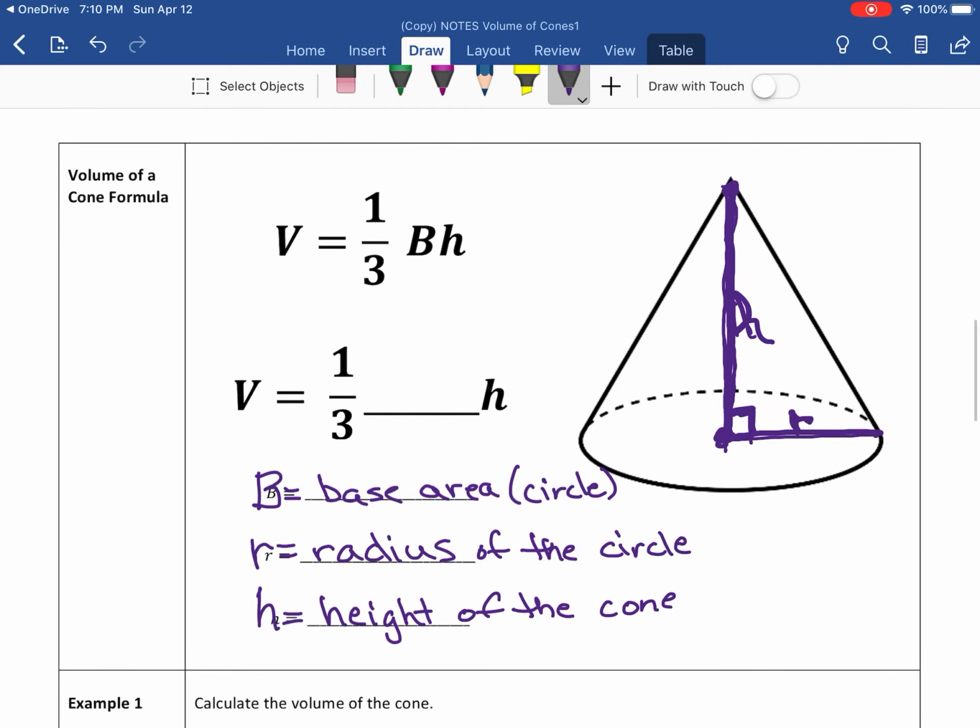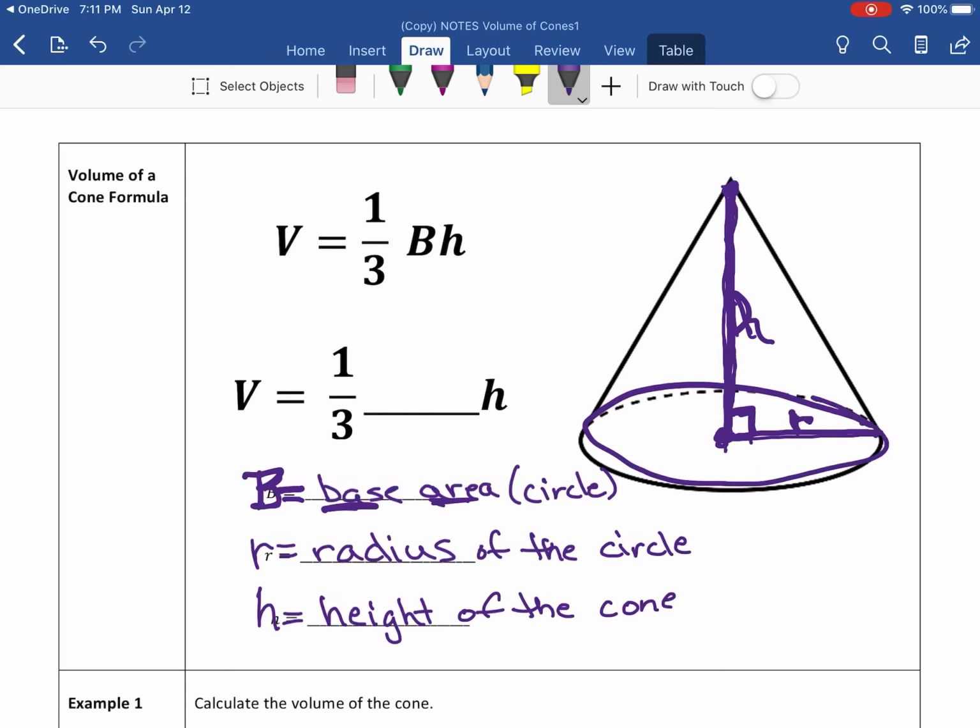So what do we want to know? We want to find the volume of this 3D figure. To find the volume of a rectangular prism or the cylinder, we talked about the capital B. That stands for your base area.